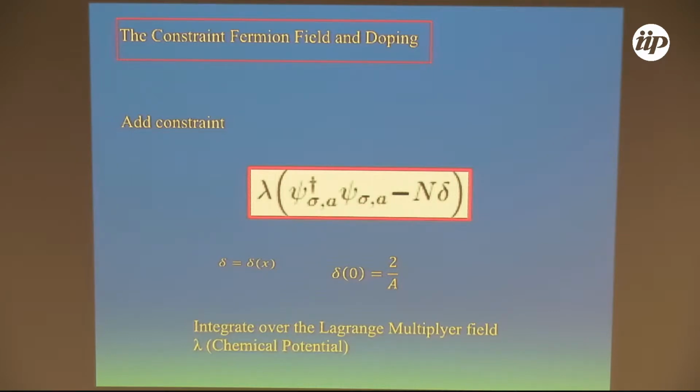So I'll come back to this point. And delta of 0 must be 0 because without doping, we have 2 electrons per site. And so without doping, this is basically the electron density. And we must have this.